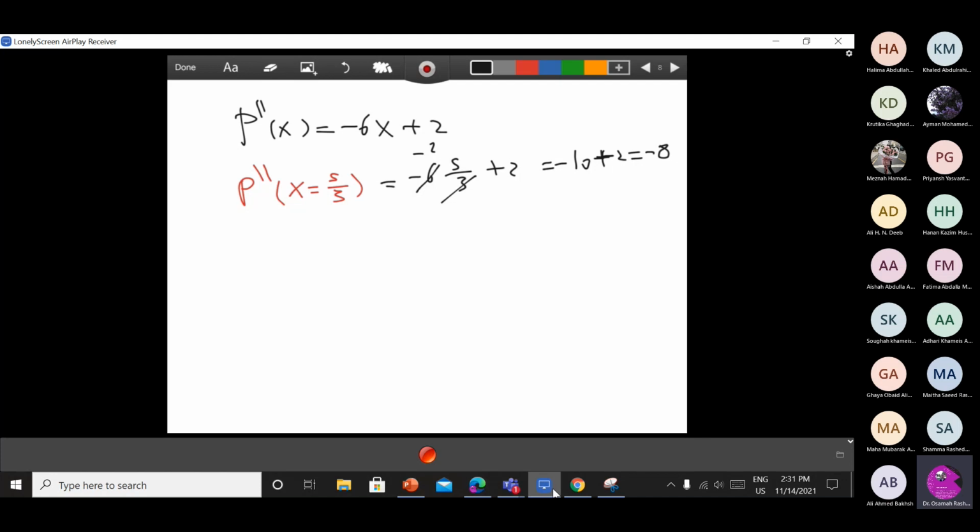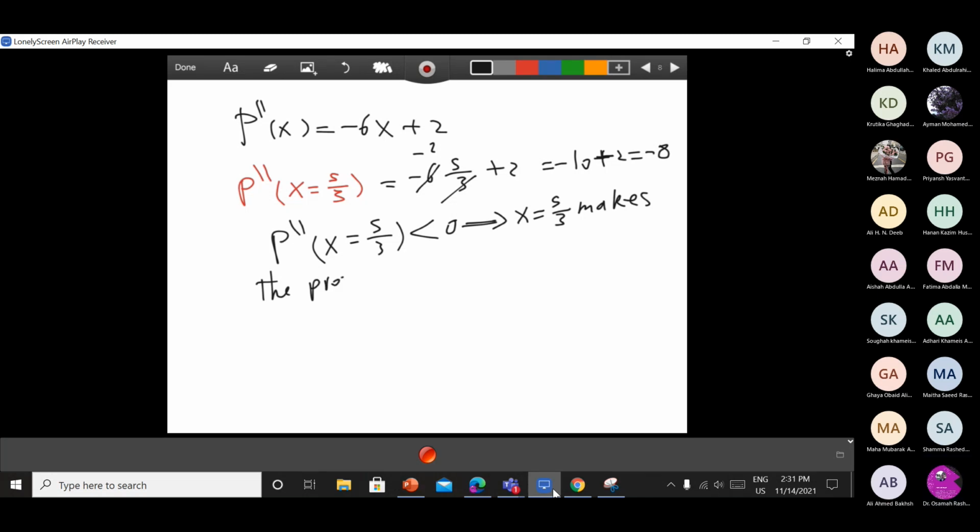This is the value of the second derivative. So P double dash at x equal to 5 over 3 is negative value. So what? So x equal to 5 over 3 makes the profit maximum.